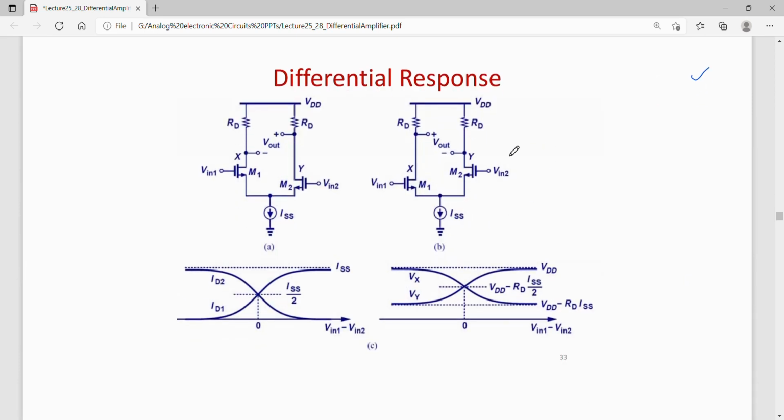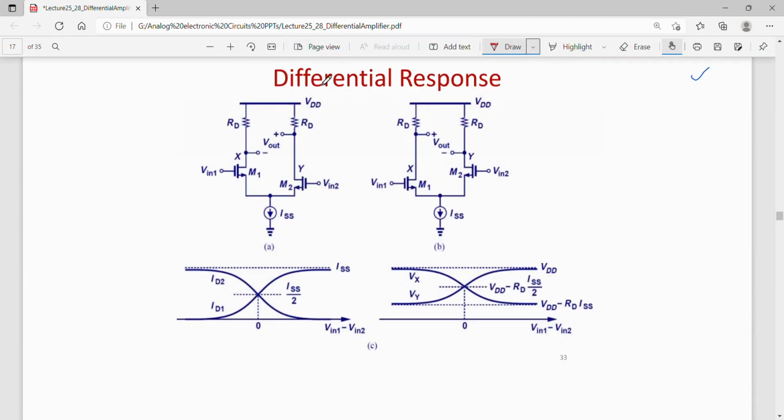Now similar to the BJT based differential pair, one can also draw the IV characteristics of a MOSFET based differential pair. Here in the MOSFET based differential pair also we have to understand that if this Vin1 is increasing, and let us say this is ID1 and this is ID2, then ID1 should increase, which would mean that this Vx will go down.